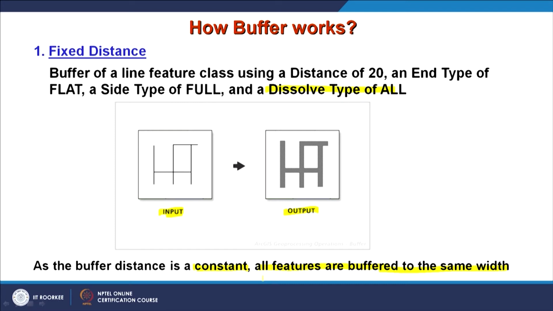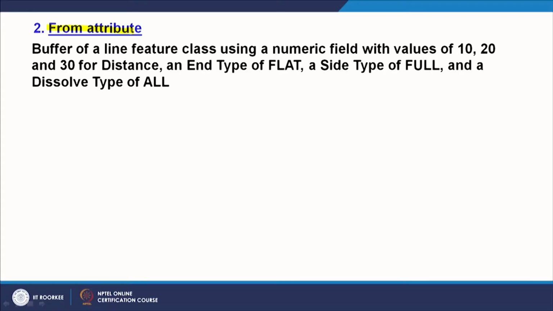Where more traffic is there, I want a wider road. So, if widening has to be done, which part has to be done? Where will that value come from, instead of a constant value? I want a varying value, and definitely that varying value is going to come from one of the attributes.